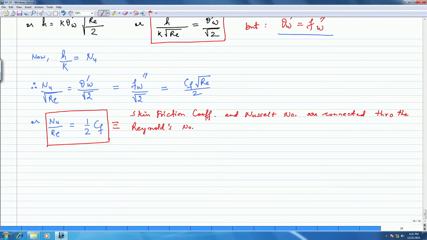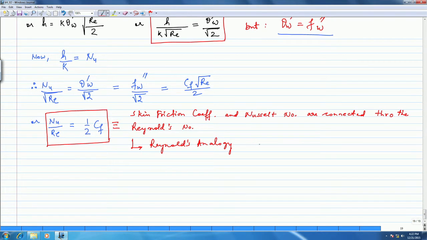Okay, so I am now going to write the rest of it. Basically what you can see here is that in order to calculate the Nusselt number, all you need to do is calculate Cf and Re. You should be able to get that, which is easier to do. So this whole thing, that the skin friction coefficient and the Nusselt number are connected through the Reynolds number, this is actually the Reynolds analogy.